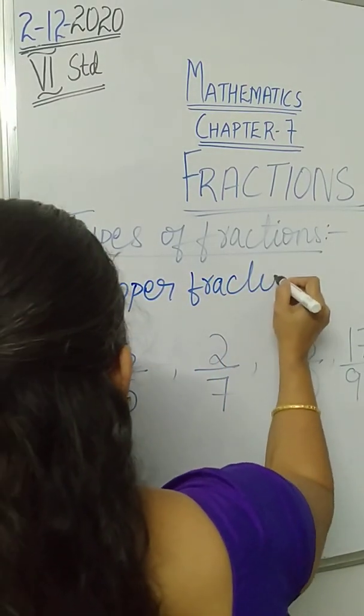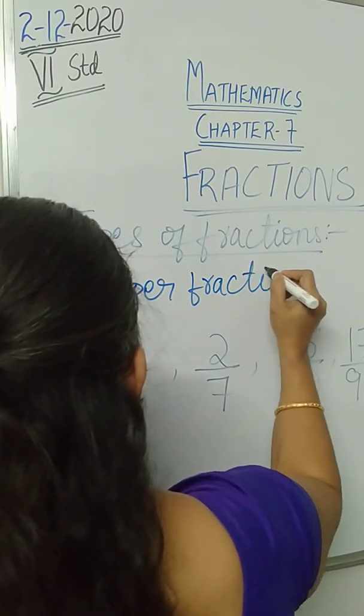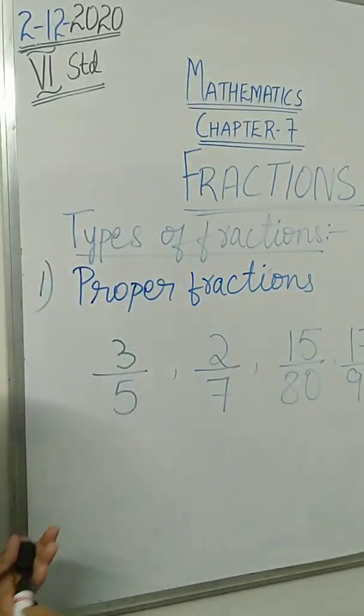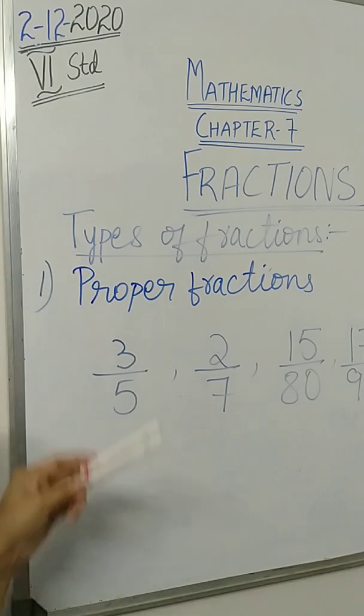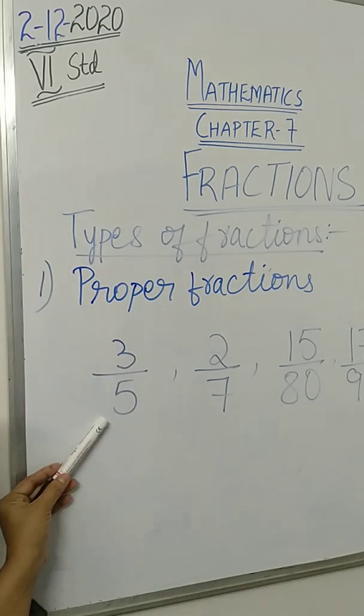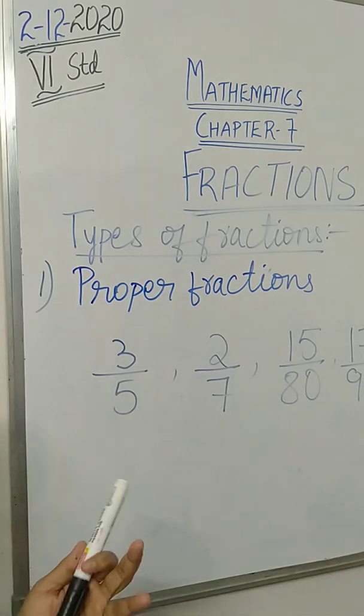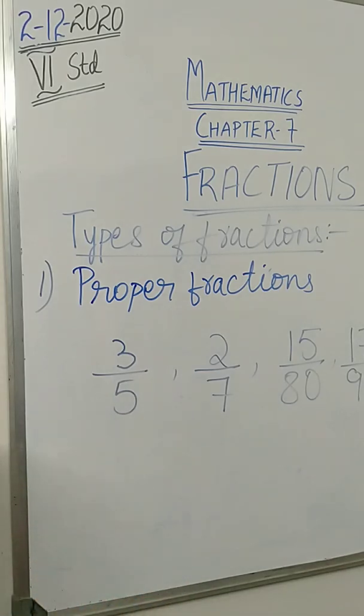So, the fractions which have the numerator lesser than the denominator, such fractions are called proper fractions. Now let us see the next type of fraction.